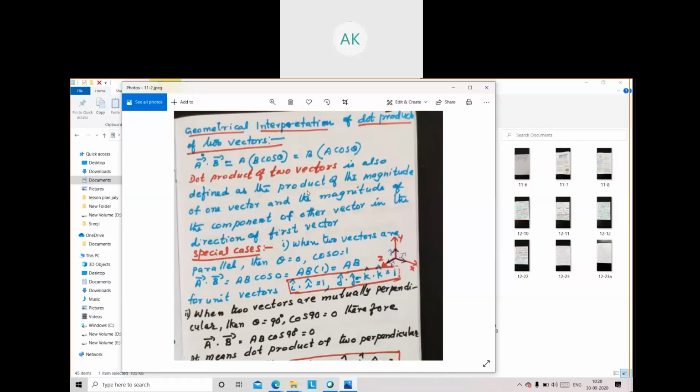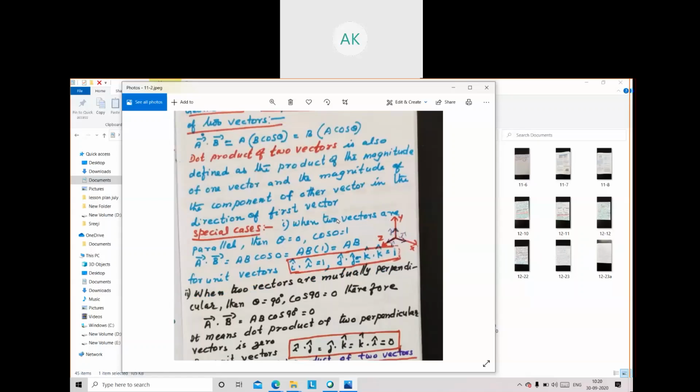It is defined as the product of magnitude of one vector and magnitude of the component of the other vector in the direction of the first vector. Understand? So that is another way of expressing the dot product.